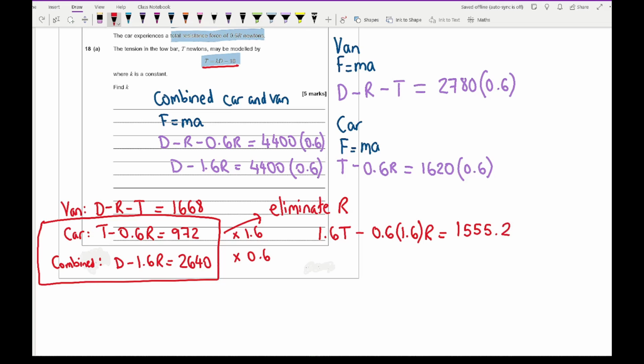If I take the second line and multiply by 0.6, we get 0.6D minus the 1.6 times 0.6R equals 2,640 times 0.6 is 1,584.